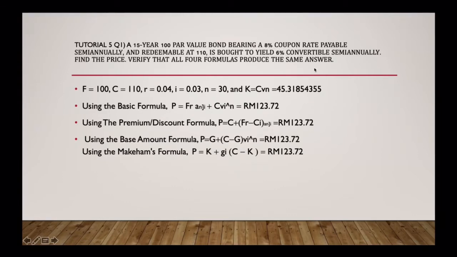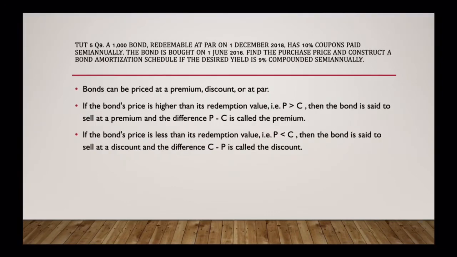The 6% yield rate becomes 0.03. The 15-year bond is multiplied by 2 since it is semi-annual, so you have 30. Hence you can find the price by substituting into all 4 formulas of finding the price of a bond: Makeham, base amount, and premium discount.